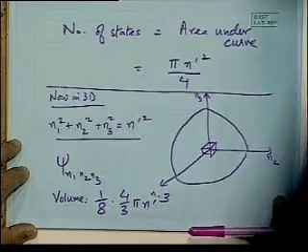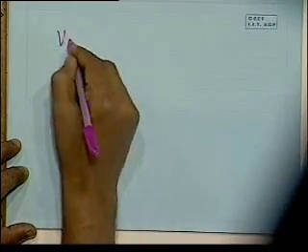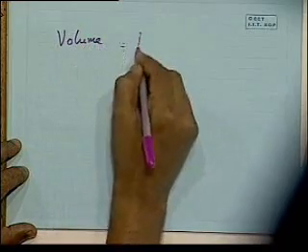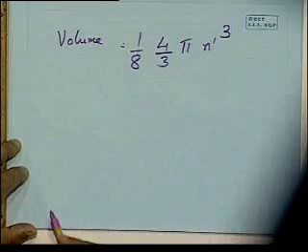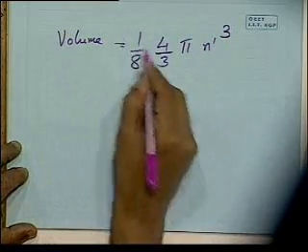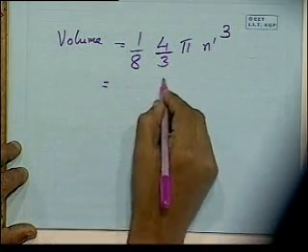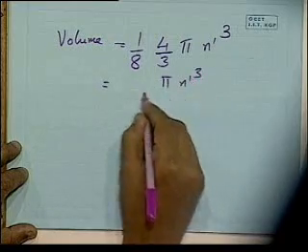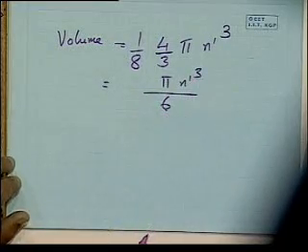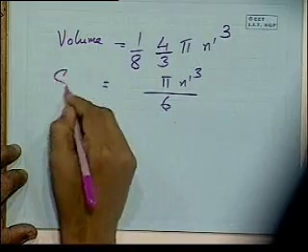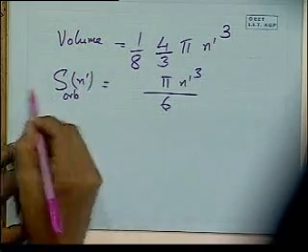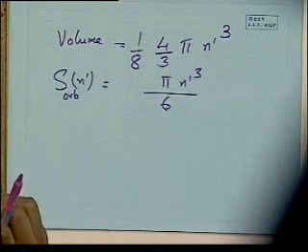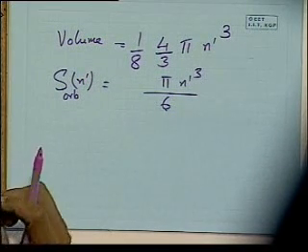Let me rewrite that. The volume then is 1/8 4/3 pi n dash cubed, which of course you can simplify as pi n dash cubed by 6. So these are the total number, what we may call the orbital states, that satisfy the equation n1 squared plus n2 squared plus n3 squared is equal to n dash squared.